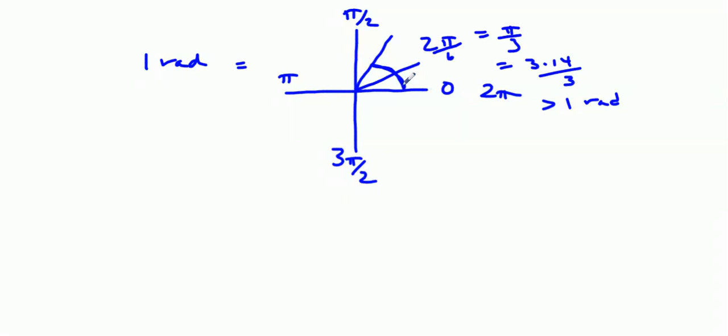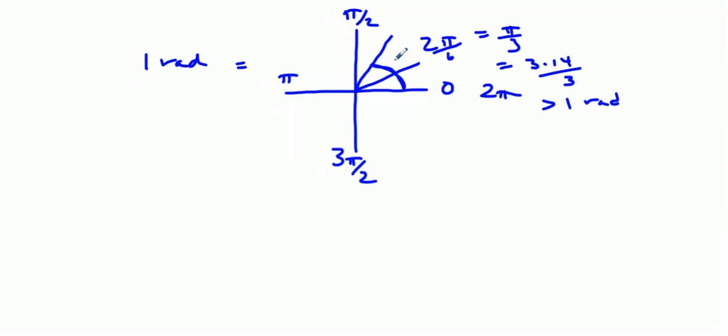So pi by 3 is 2 of these thirds. We've got 1 pi by 6, 2 pi by 6, and each of these thirds was a third of 90 degrees, so each of these was 30 degrees.